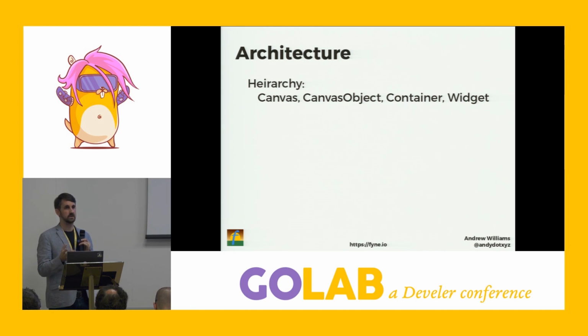Containers are pretty straightforward. They can also have a layout, which is then able to determine how small a window can get and how the items within it are going to be laid out. Then we have widget, which I think should be pretty straightforward, but in our world, that's basically a container with some interaction.